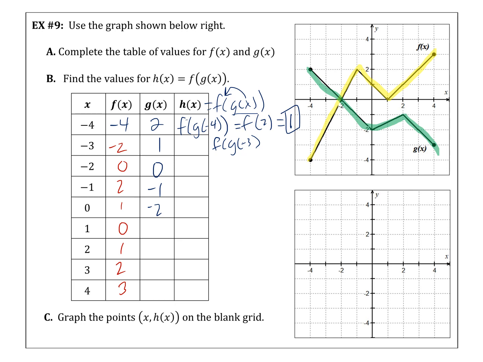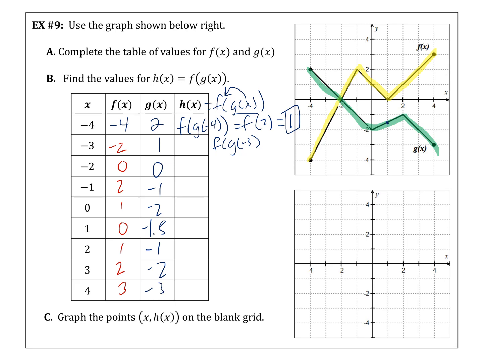Where's 1? It's like a -1/2, so -1.5. Then 2 gives us -1, 3 gives us -2, and 4 gives us -3.